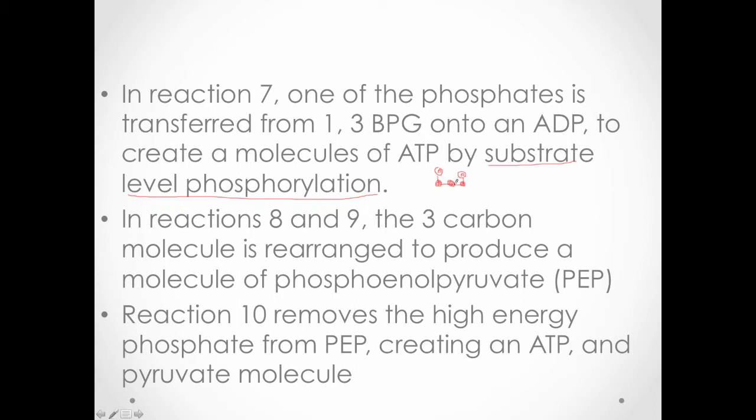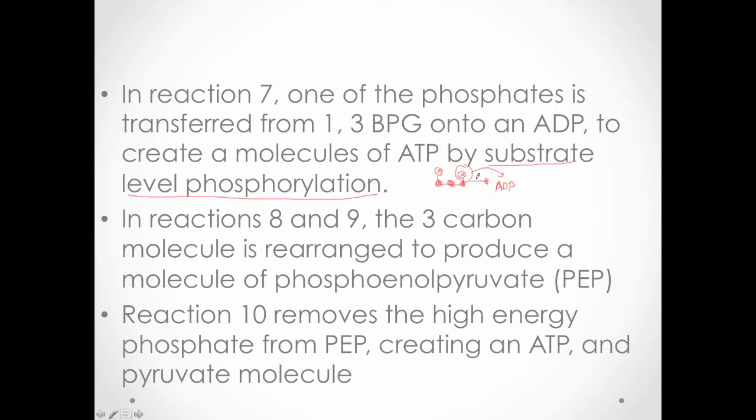Okay, so by the end of reaction 6, we have this 1,3-bisphosphoglycerate. What's going to happen is we are going to pluck one of the phosphates off this and stick it on a molecule of ADP. And I'll go over in class in a little bit more detail what ADP is. But suffice it to say, it's an adenine nucleotide that has 2 phosphates stuck to it.